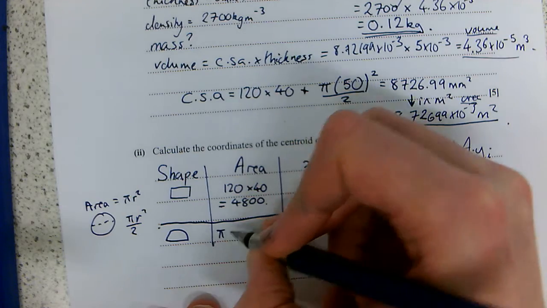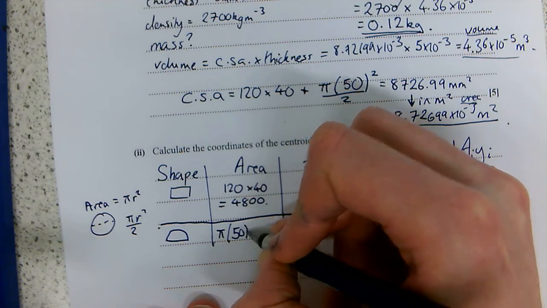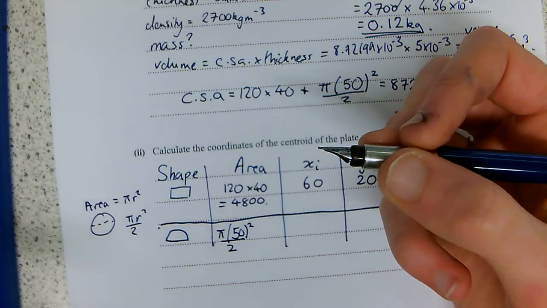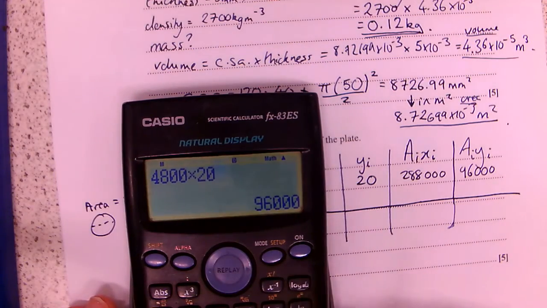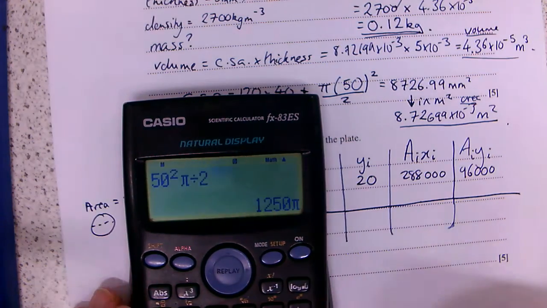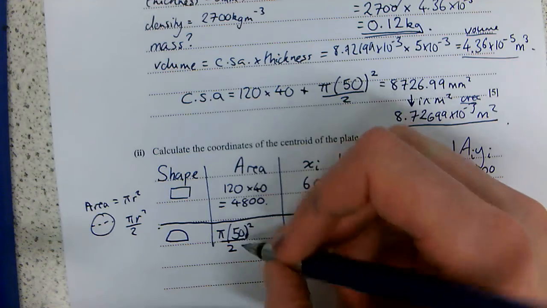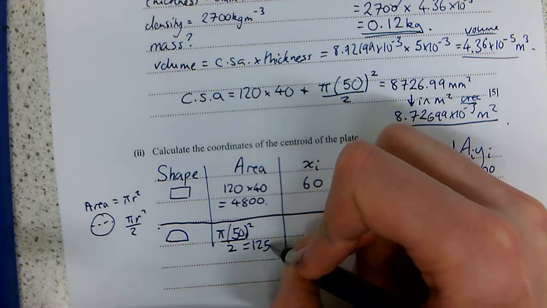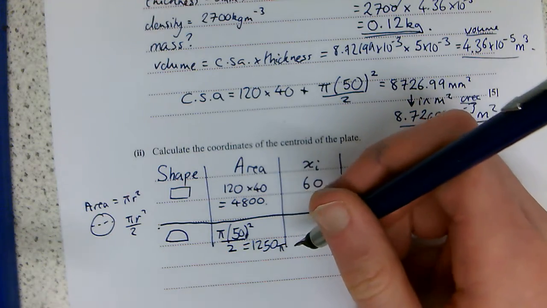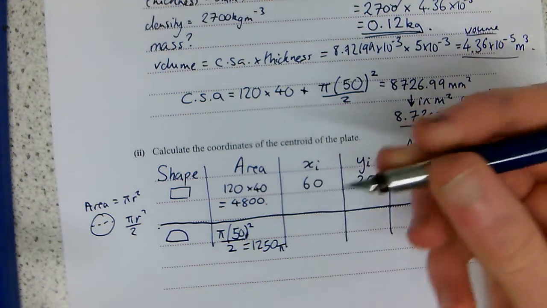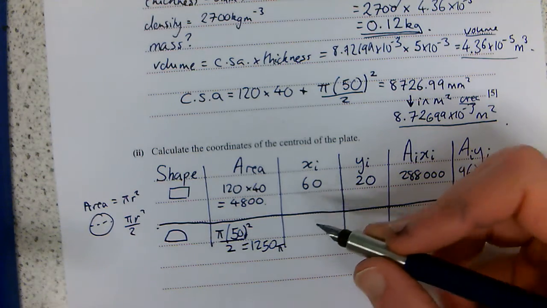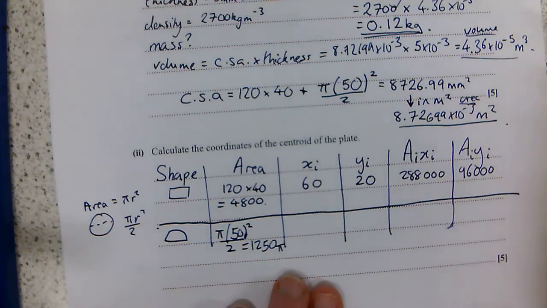So that's going to be pi times 50 squared divided by 2, which is 1250 times pi. It's sometimes smarter to leave things in terms of pi where possible, because it saves you typing out many numbers into your calculator.